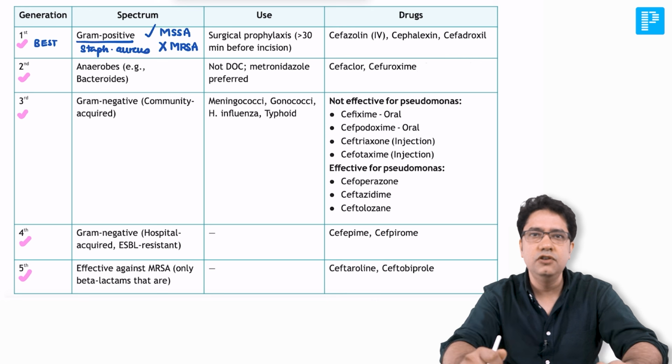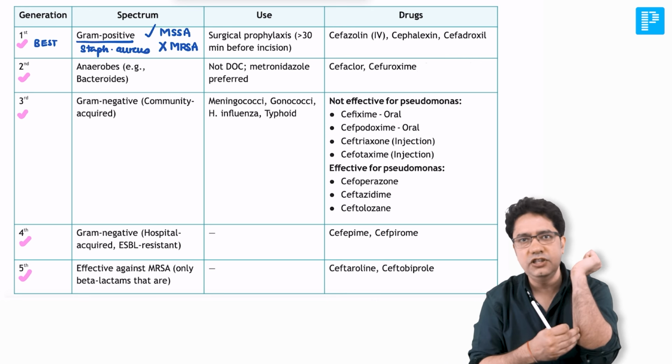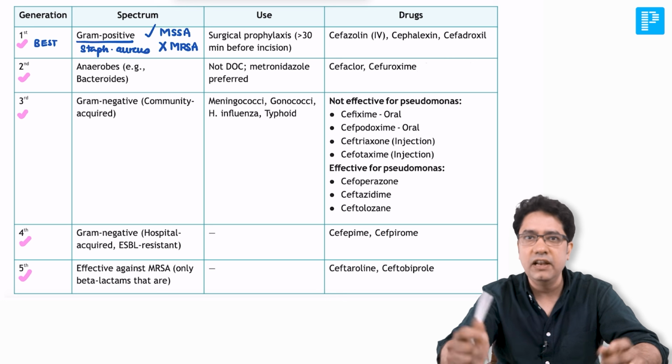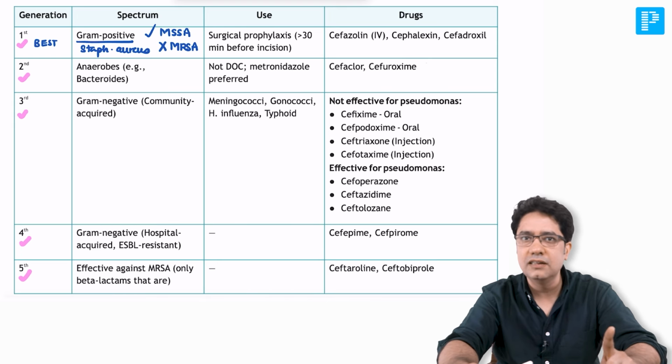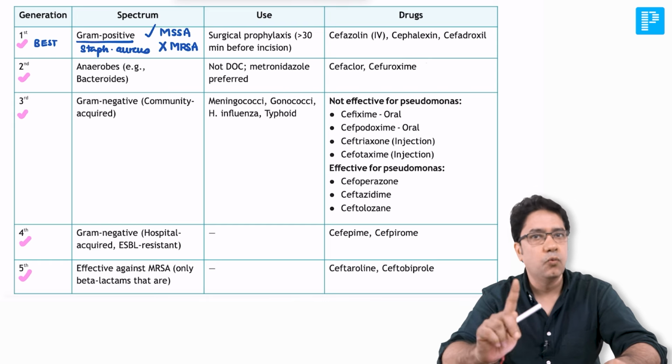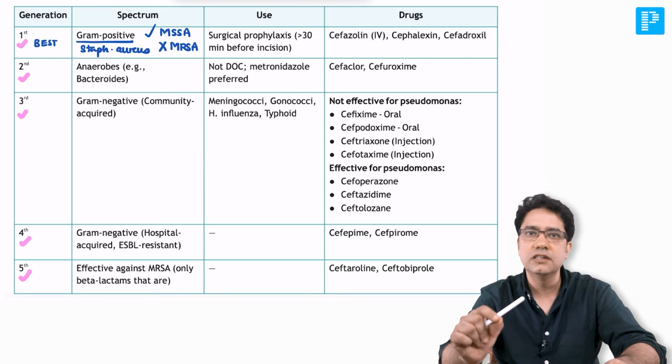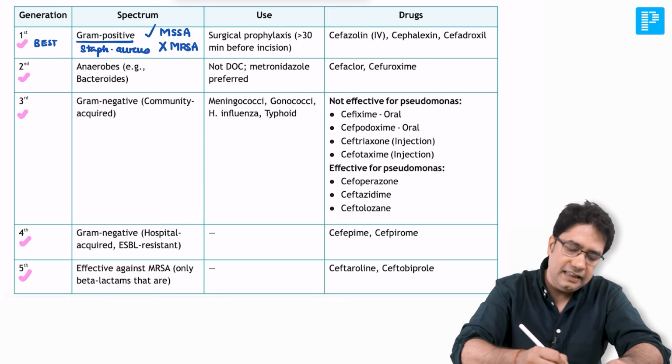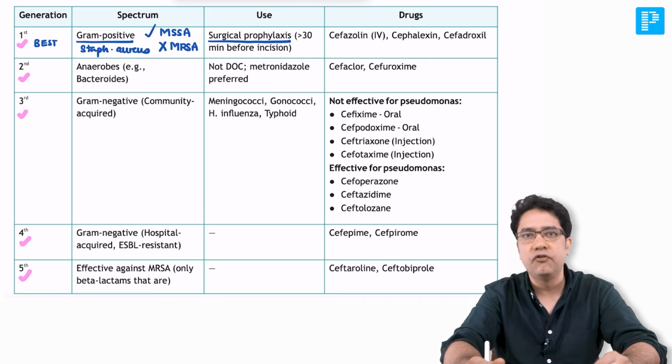Just imagine you are doing a surgery on your patient. As you give a surgical incision, don't you think this staph will enter the bloodstream of the patient? That is why, to kill this Staphylococcus on the skin before giving the surgical incision, we give first generation cephalosporin. That is why they are considered the drug of choice for surgical prophylaxis.